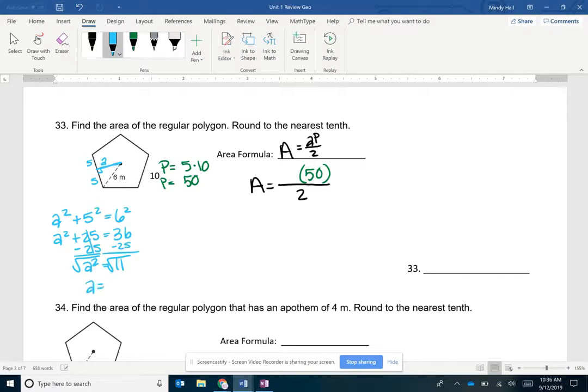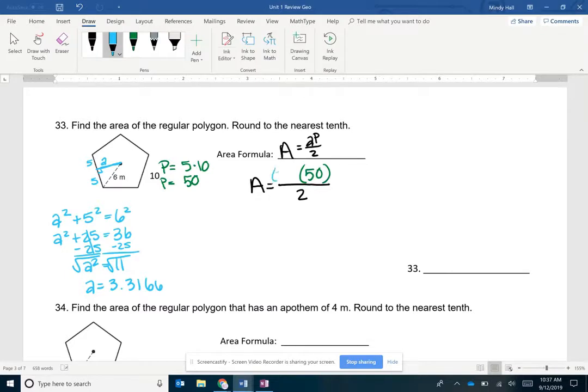Now, those of you with a graphing calculator, you can do this without actually rounding until the very, very end. If you do not have a graphing calculator, then you want to go out probably 3 or 4 decimal places just to have a few extras to help with the rounding. But I get that my apothem is 3.3166.